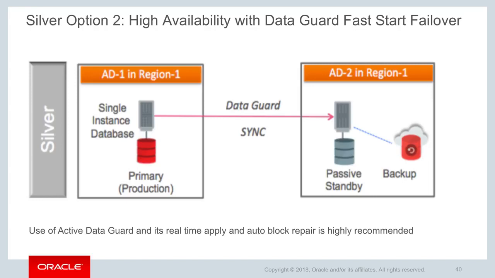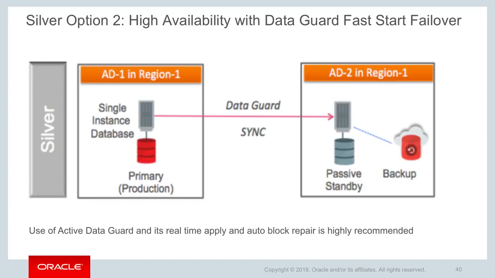In this method, you're running a single instance database in region 1 and you are replicating this database using Data Guard to another availability domain in the same region.